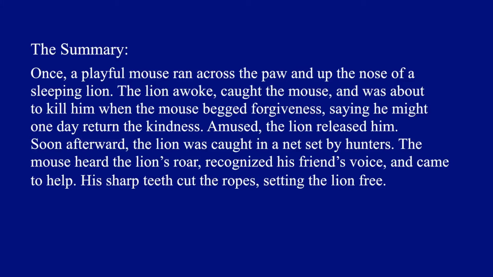Amused, the lion released him. Soon afterward, the lion was caught in a net set by hunters. The mouse heard the lion's roar, recognized his friend's voice, and came to help. His sharp teeth cut the ropes, setting the lion free. So, this is a summary of the fable, which is of 82 words.